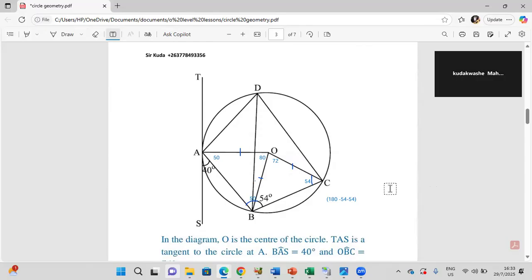Then from there, we can move on to the next angle. Which other angle can we talk about here? So maybe let's go to the question and figure out what we have been asked. But before we even go to the question, take note, there is a triangle here, ADB.